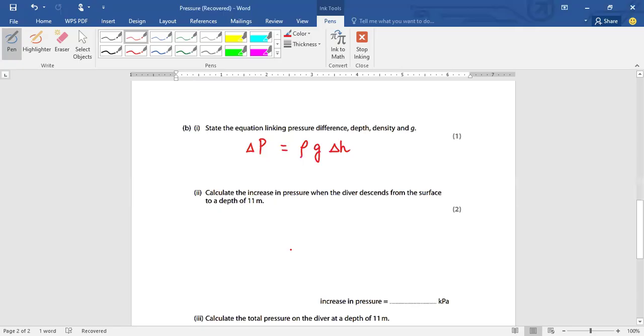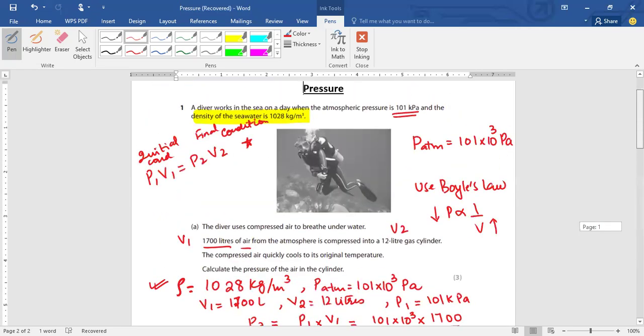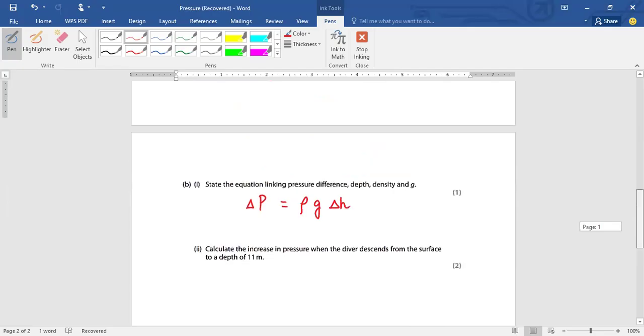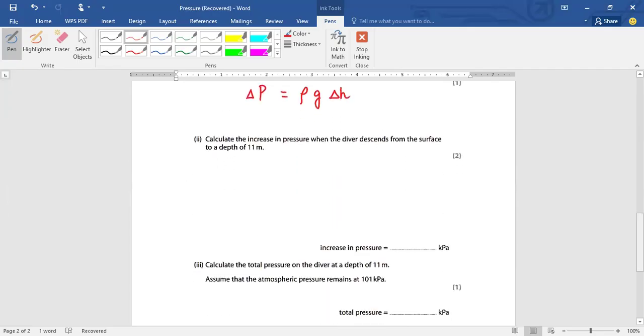Now, what does this problem say? Calculate the increase in pressure when the diver descends from the surface to a depth of 11 meters.